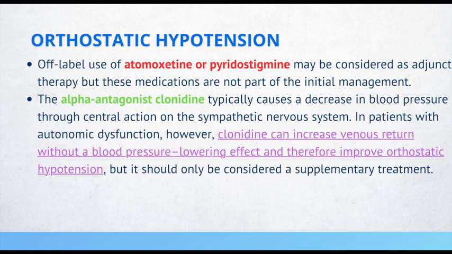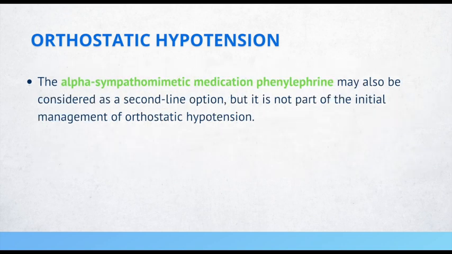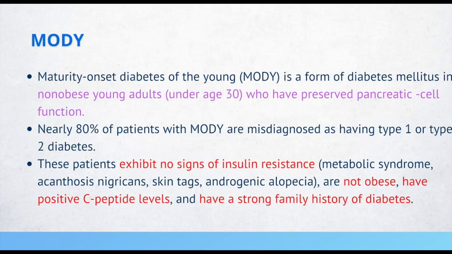Maturity onset diabetes of the young, or MODY, is a form of diabetes in non-obese young adults under the age of 30 who have preserved pancreatic cell function. Nearly 80% of patients with MODY are misdiagnosed as having type 1 or type 2 diabetes. These patients exhibit no signs of insulin resistance, for example, metabolic syndrome, acanthosis nigricans, skin tags, and androgenic alopecia.